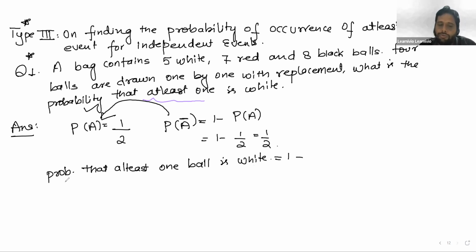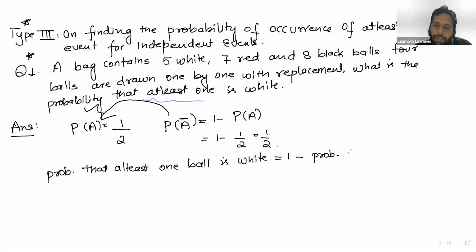Who can tell me the opposite of this statement? Probability that at most one ball is white? But in at most, there are some cases which are there in at least. Probability that the ball is not white?